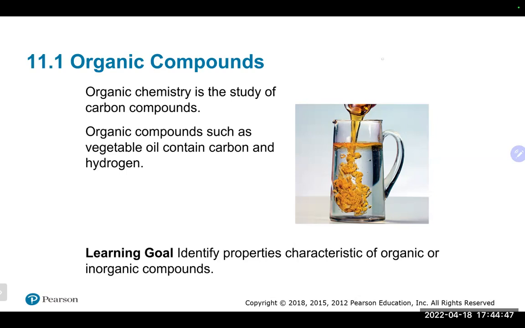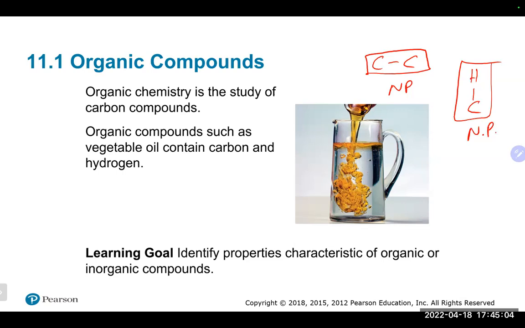And again, that is really because of that basic bond between carbon and carbon, which is obviously a non-polar bond, as they have the same electronegativity, and also primarily bonding between carbon and hydrogen, which is also a non-polar bond based on electronegativity. So a lot of organic compounds are non-polar.